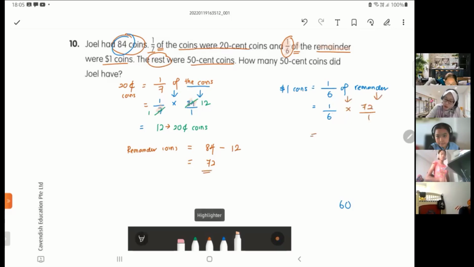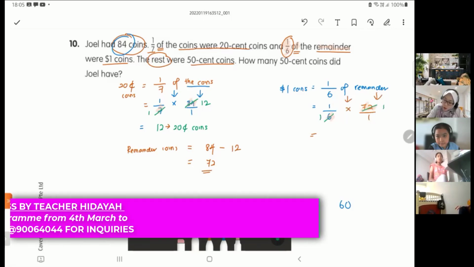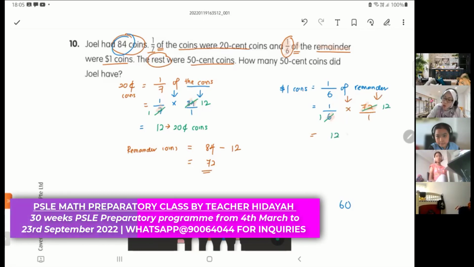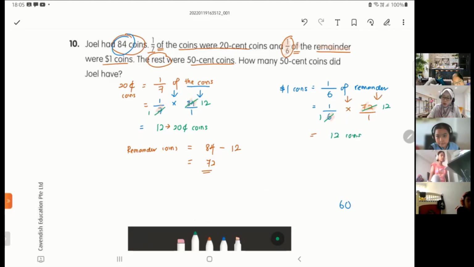Then we go crosswise, 6 and 72. You can simplify, right? 72 divided by 6 will give me 12. So it will be another 12 coins for my $1 coins.